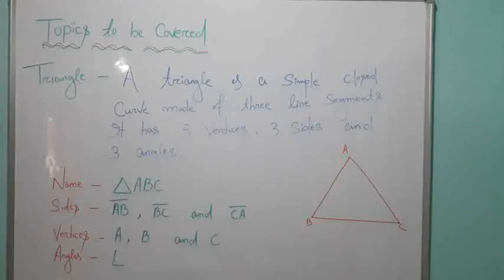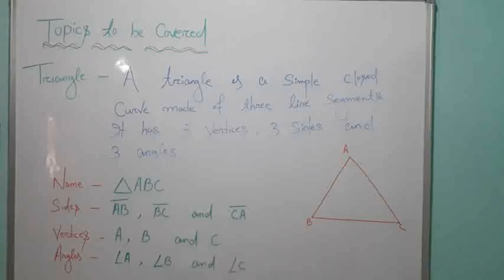We know that angle tells us the orientation between the sides. See here, this is the symbol of angle. When we write an angle, we have to put this symbol before the vertex where the angle is created. Okay? Here, angle A is created by the orientation between two sides, that is AB and AC. This is angle B, which is created by the orientation of two sides AB and BC. And this is angle C, which is created by the orientation between two sides AC and BC.